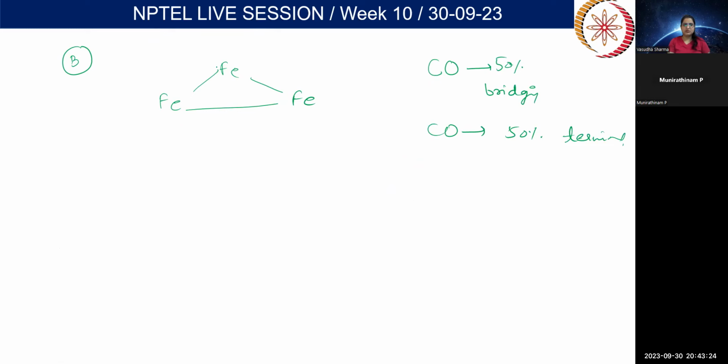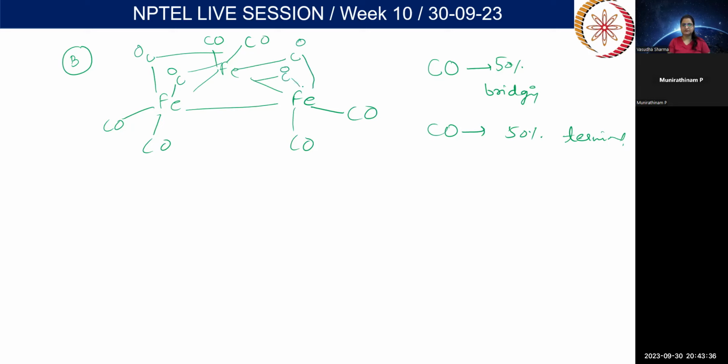For example, all three irons would be having two terminal carbonyls, and two bridging carbonyls would be joined with the centers. So here 6 carbonyls are bridging, 6 are terminal. So this is the second possibility.